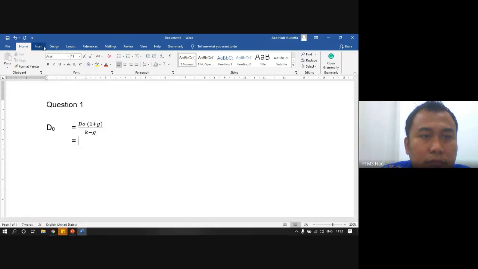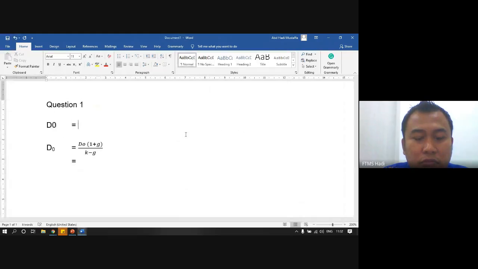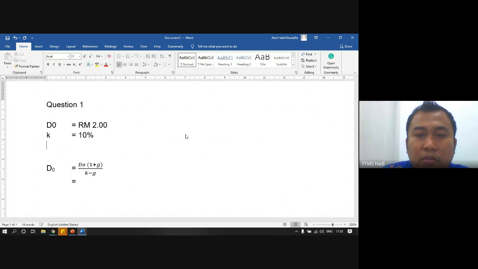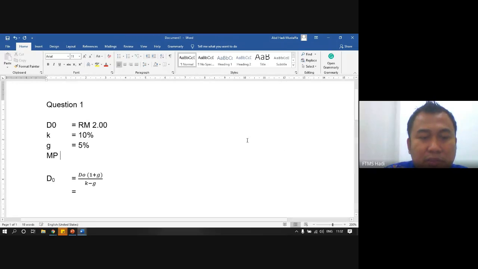But before that, we need some discipline in this one. D0 is equal to 2 ringgit. And then your minimum return K is 10%. This is a small k, not a big K. And then your G is 5%. And then the market price is 45 ringgit.